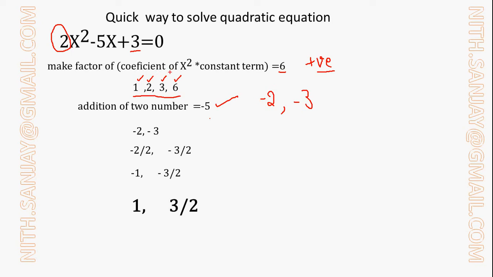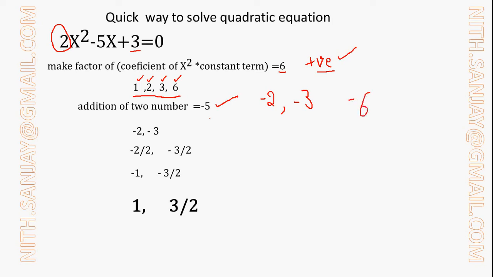I cannot take any other pair because that is not feasible, because 6 and 3 will never add up to -5. Okay, 1 and 6 can add up to -5, but in that case I have to take one positive and one negative. I have to take -6 and +1, but that will violate this condition, that the product has to be positive.